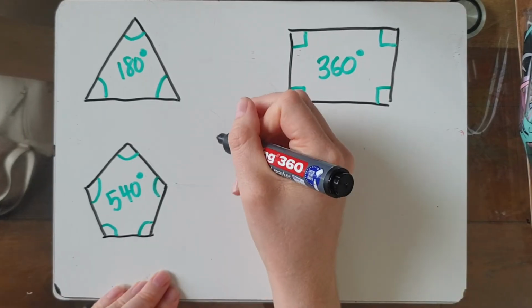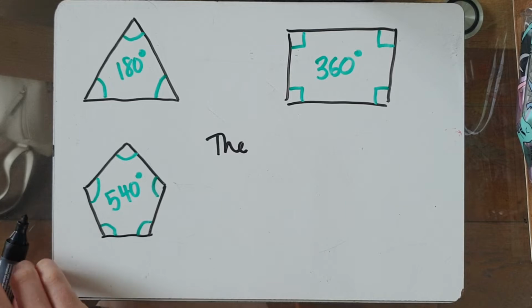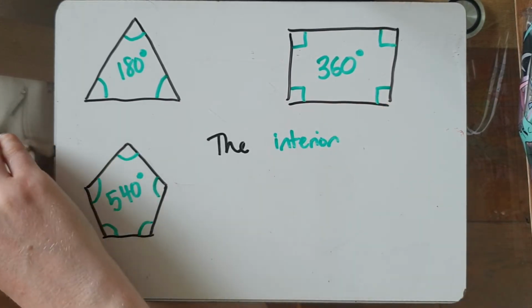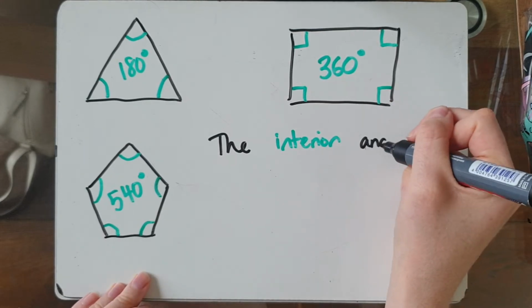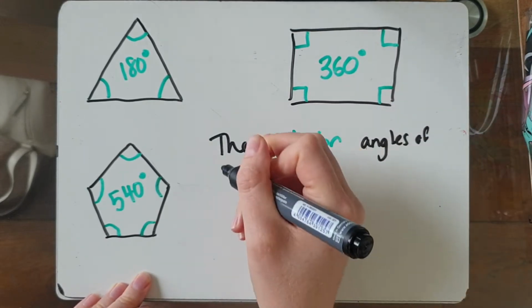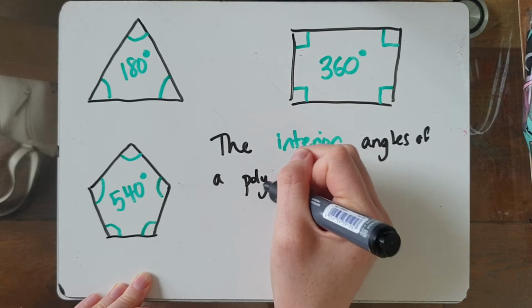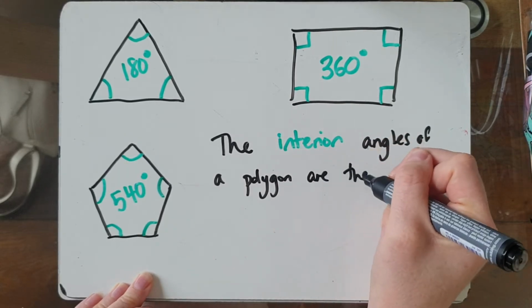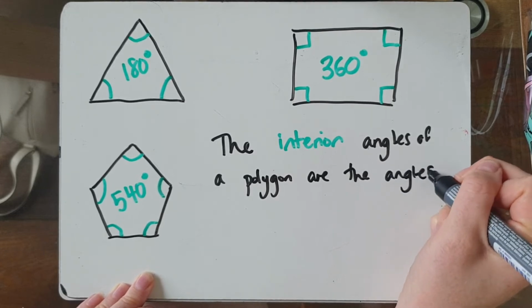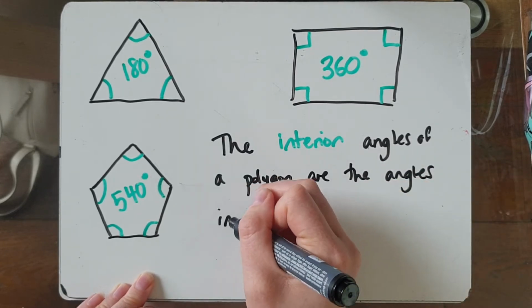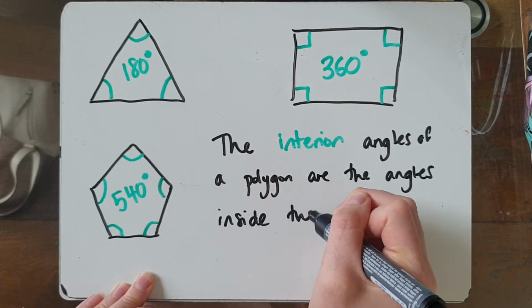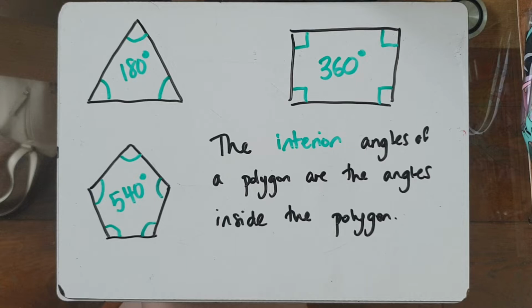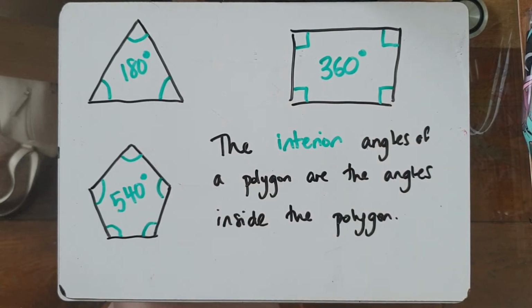We're going to write down the interior angles of a polygon are the angles inside the polygon. So get that written down, please, and copy the diagrams as well.